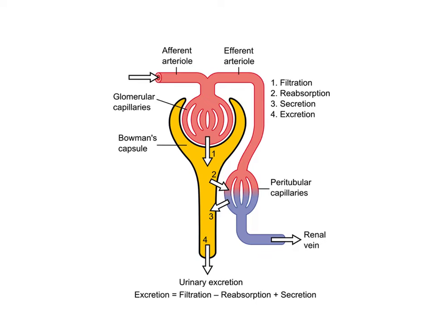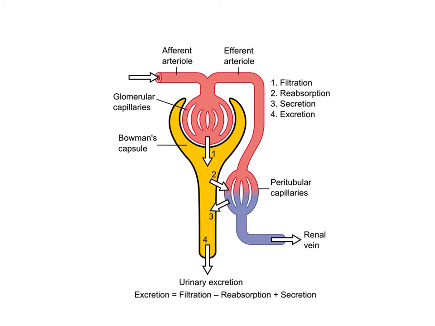The increase in blood pressure will be detected by the baroreceptors. Then mechanisms are activated to reduce the blood pressure and reduce the volume. The urine output is increased by increased filtration. So that is how filtration is affected.